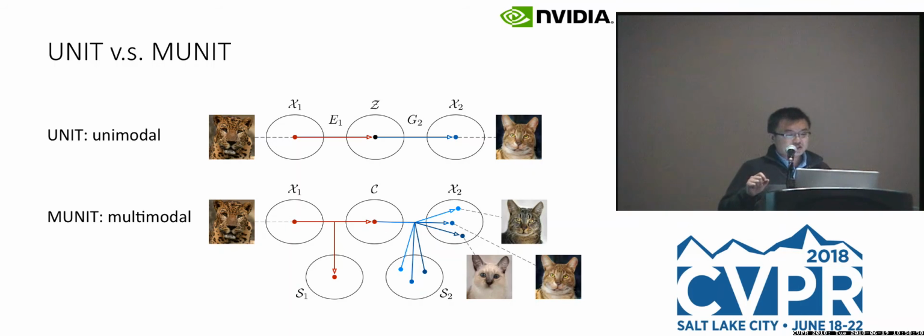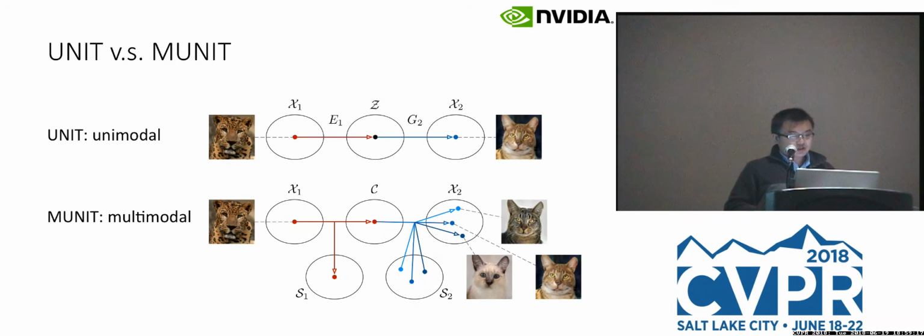The content is shared by two domains, but the styles are not. You can think of the content as more like the pose or some geometry information, and the style as more like the texture or some kind of domain-specific information.